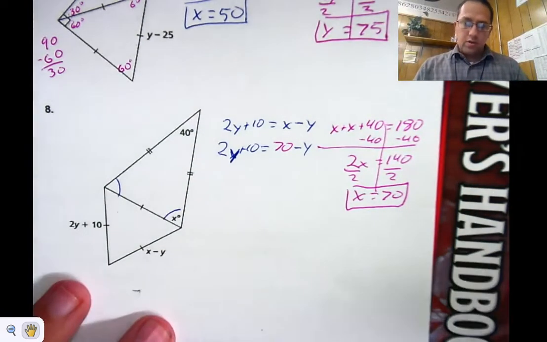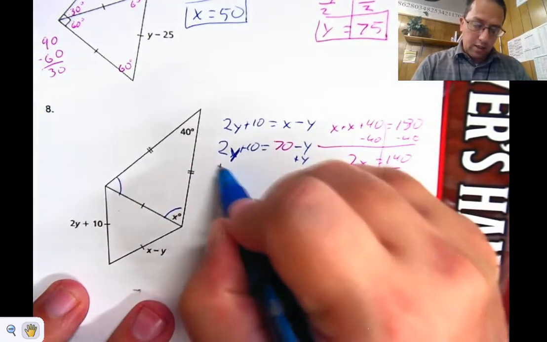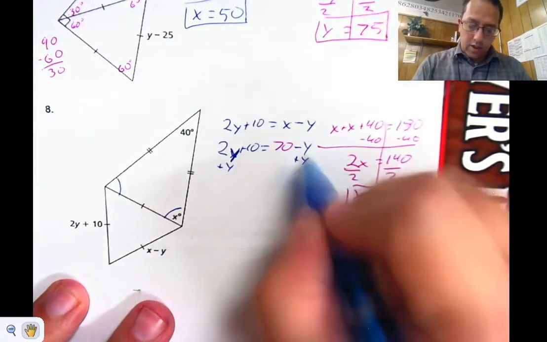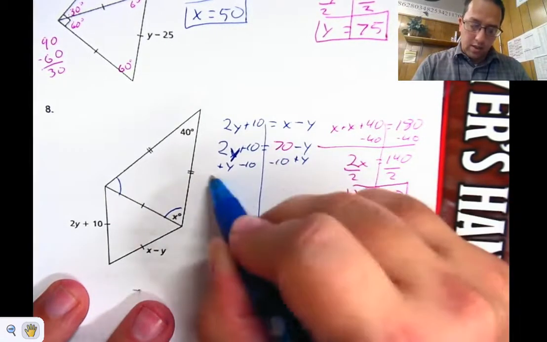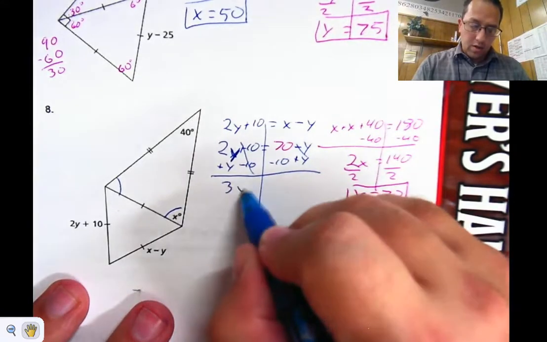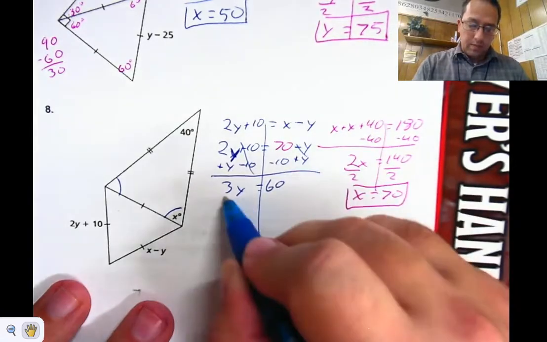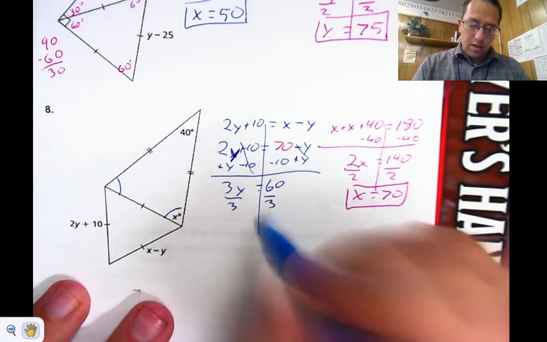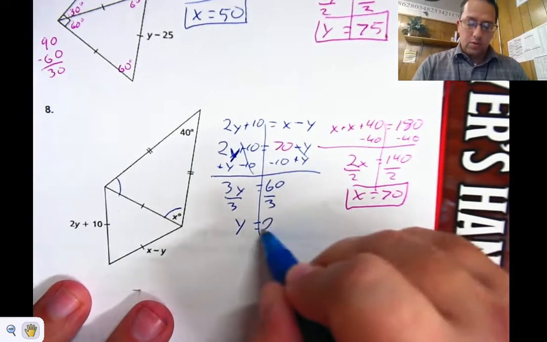Okay, so now I just have to solve for y. This is easy enough. I'm going to add y to both sides. I'm going to move the 10 over here, so minus 10, minus 10. So that cancels out, and I have 3y is equal to 70 minus 10, which is 60, divided by 3, and I end up with y equals 20.